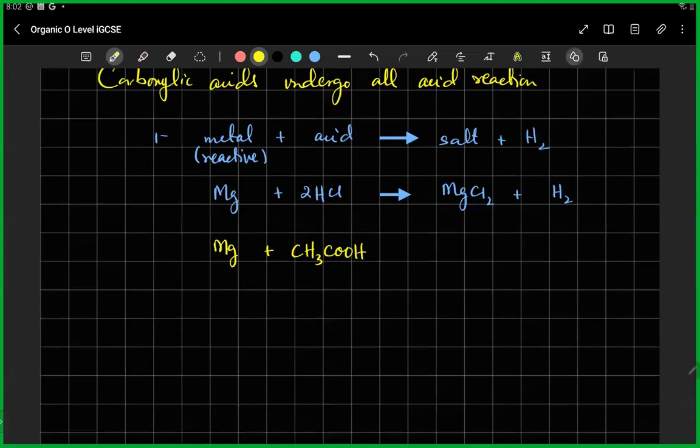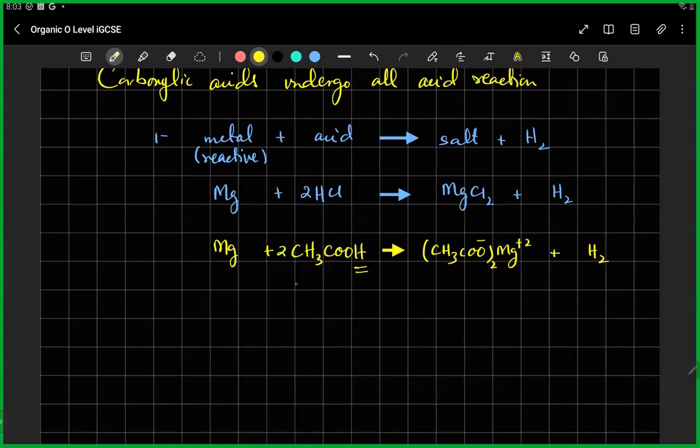So remember, which H has to be removed? Mg is going to come in and knock out the H of the OH. So it's going to be CH3COO-1, the ethanoate ion, and in place of the H, Mg came. And the H gets knocked out, so it's going to form H2 gas. According to crisscross, this should be 2. It will be -1 and +2. So the charges are going to be balanced if there are 2 of the ethanoate ions.